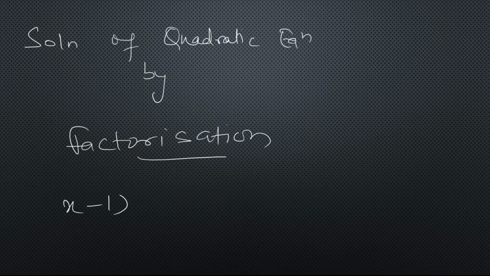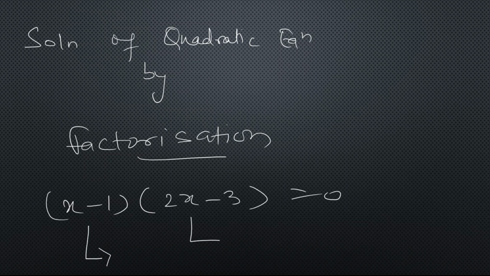X minus 1 into 2x minus 3 is equal to 0. So this and this were the factors, right? So this was called the factorization method for finding the solution of the quadratic equation.